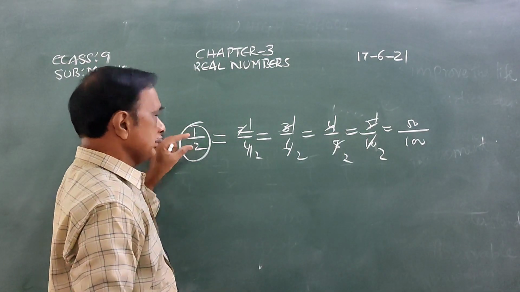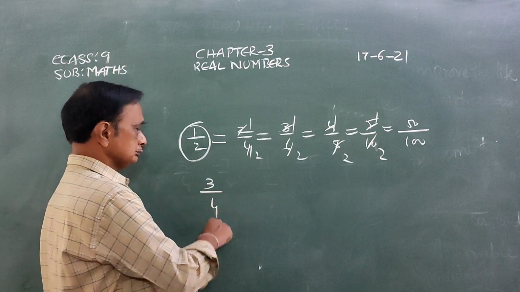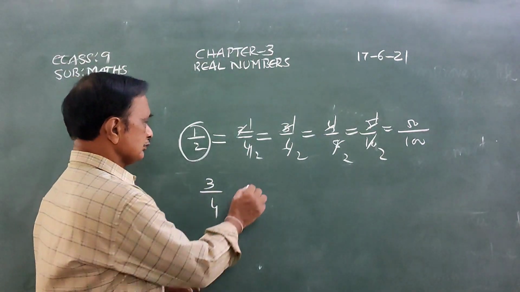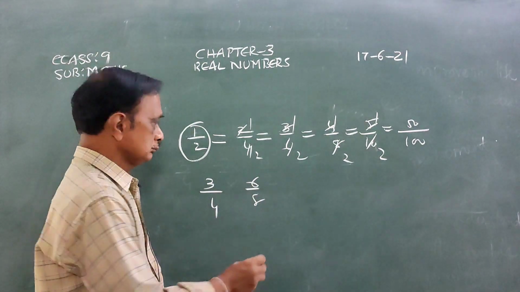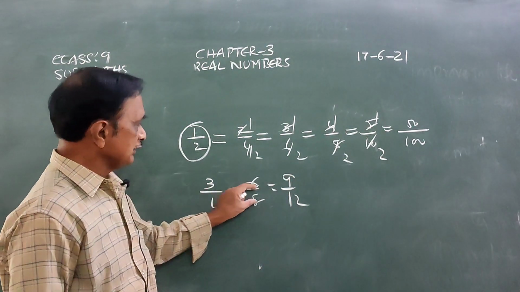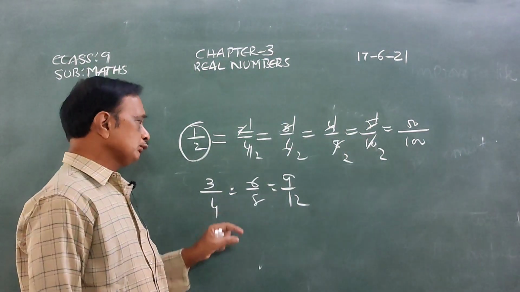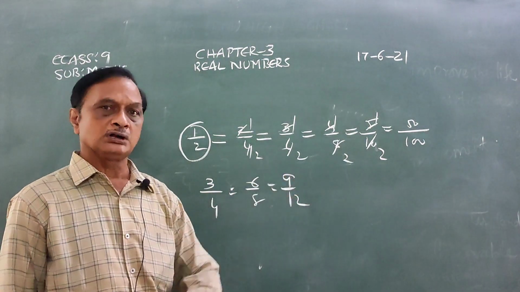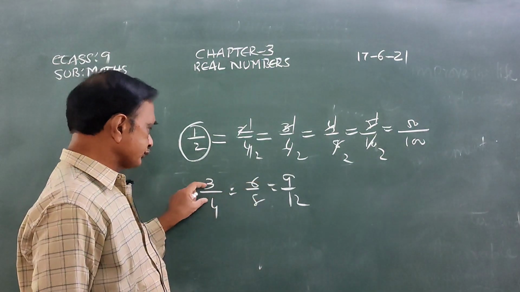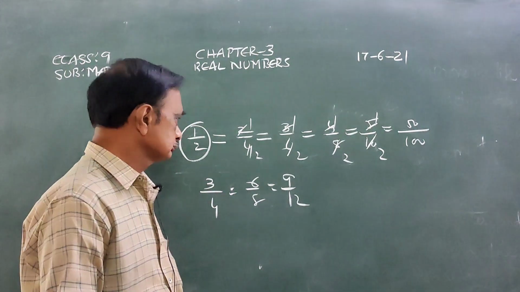So a rational number has many forms. 3 by 4 can be written as 6 by 8, 9 by 12 and so on. These are all called equivalent rational numbers or equivalent fractions. But if you want to express 6 by 8, 9 by 12 and so on, we express the same in the form of 3 by 4 only. We take the simplified form.